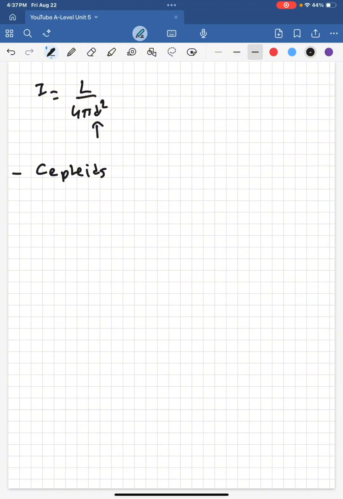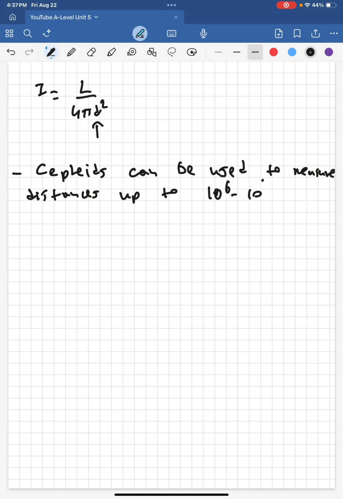So Cepheids can be used to find distances, to measure distances up to 10 to the 6 or 10 to the 7 light years.